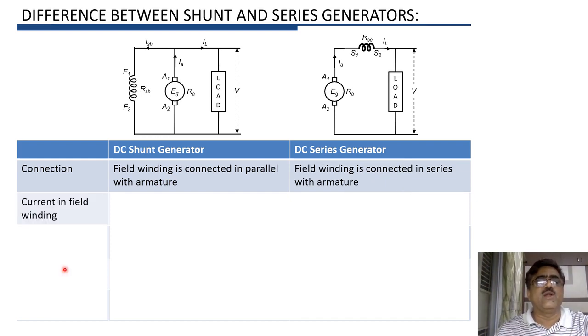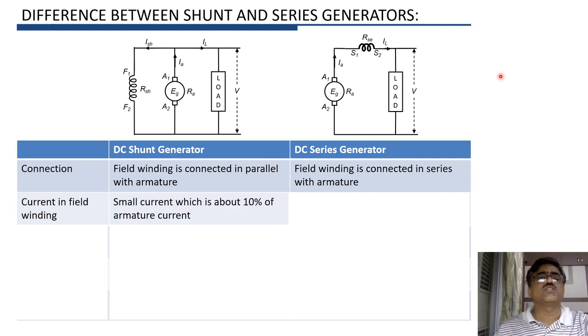Now current in the field winding. So here in case of DC shunt generator, armature supplies the load current as well as the field winding current, and therefore the current through shunt field winding should be low, and therefore in case of DC shunt generator, ISH is small, whereas here as the field winding is connected directly in series with armature, armature current IA will flow through the series field winding, and therefore in this case the field current is large.